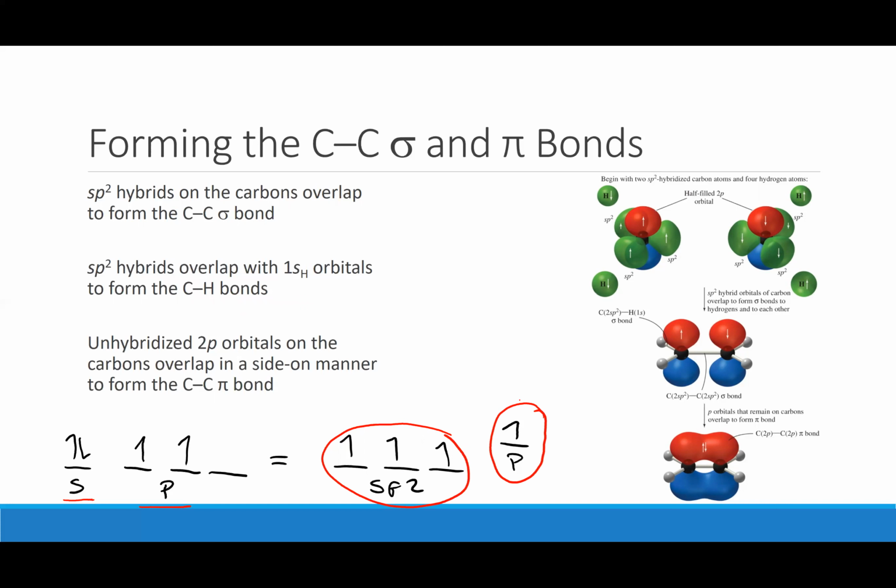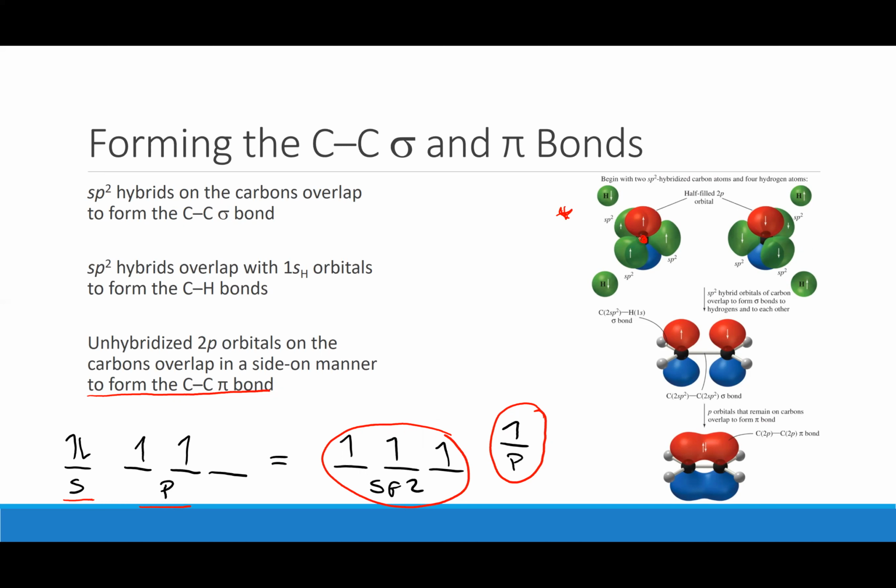These unhybridized p orbitals can actually still participate in bonding, and they participate in a way to make a pi bond. Remember that pi bonds are an overlap of p orbitals. So up here in this example, I know this looks a bit complicated. There's a lot going on, but what they're showing is this is a carbon here, and it is sp2 hybridized.